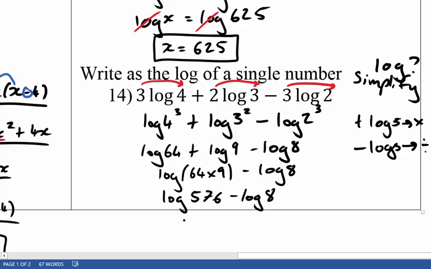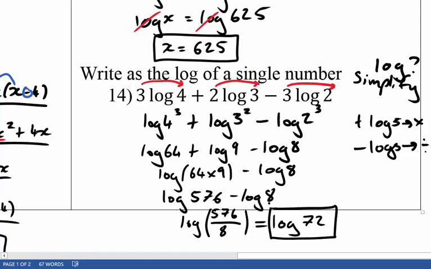So this will be the same as the log of 576 divided by 8. And that equals log, divided by 8, I'll use my calculator, 72. And so yes, I have my final answer, and I put a box around it. And so that is the end of revision sheet number 2.